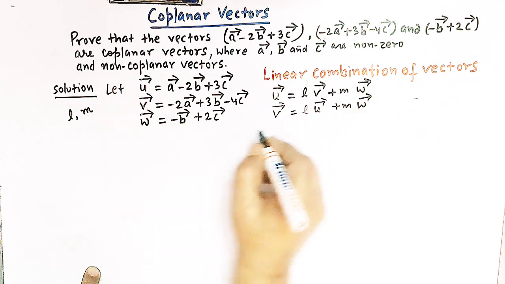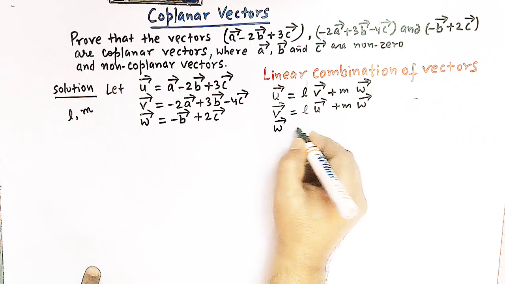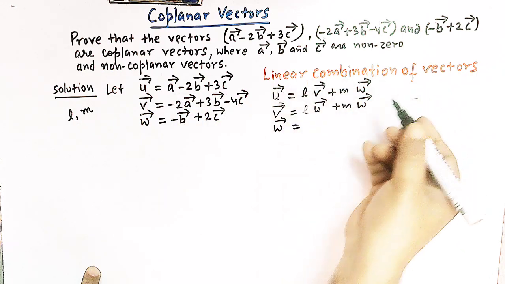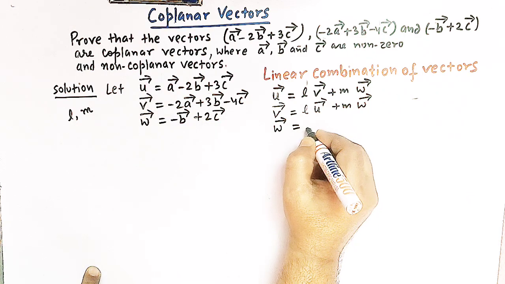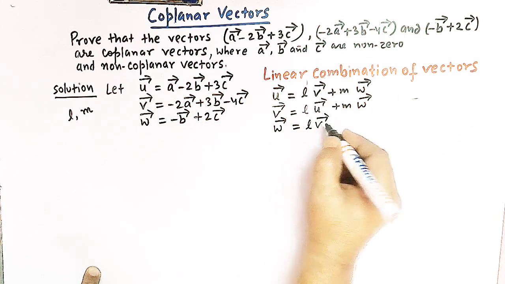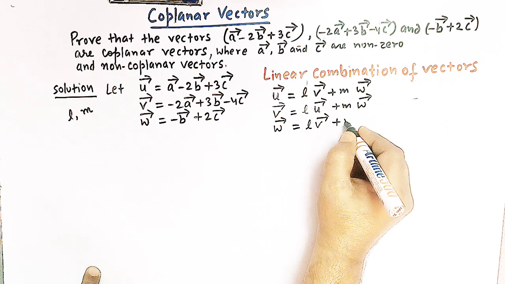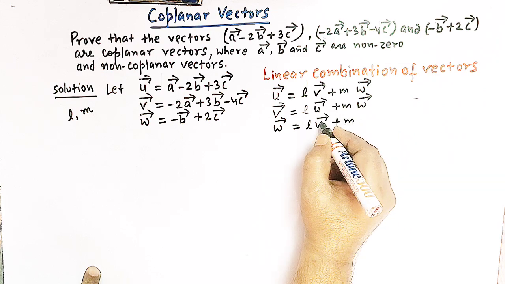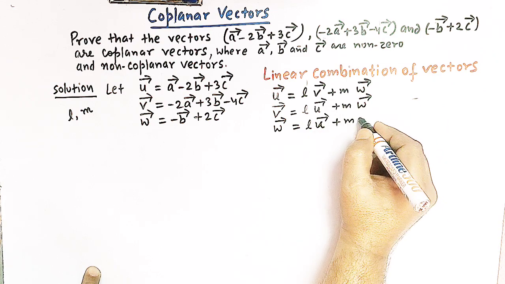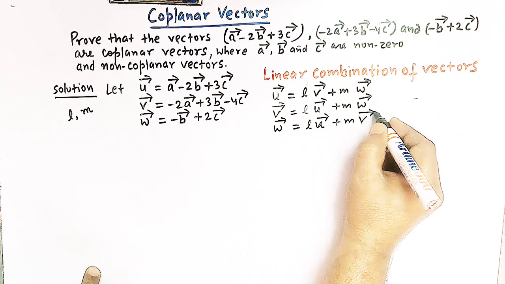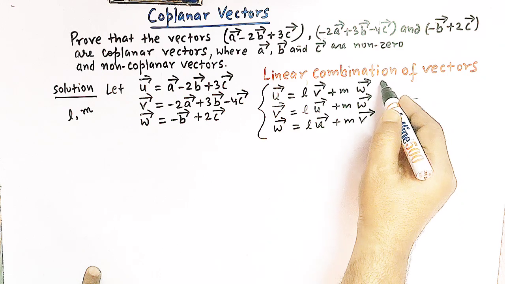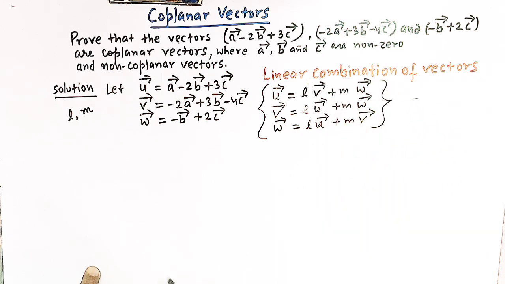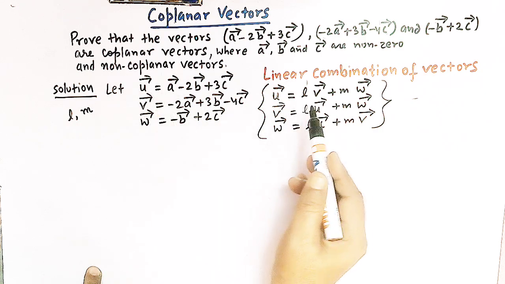And if w can be represented as a linear combination of u and v, then we can write l times vector u plus m times vector v.